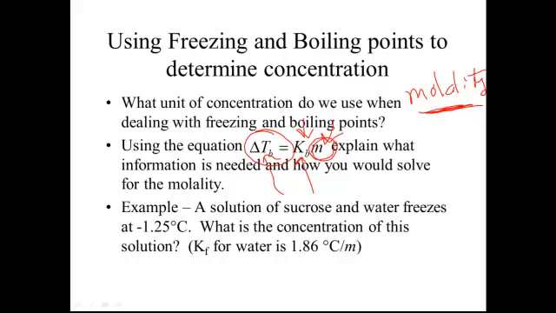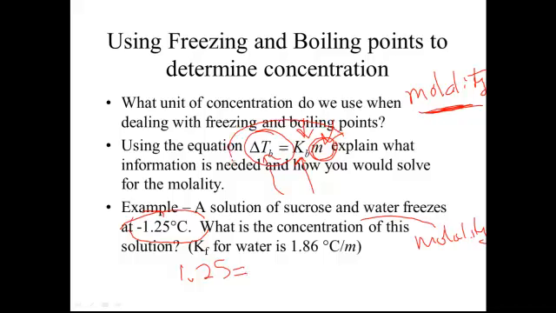So a solution of sucrose and water freezes at negative 1.25. What is the concentration? And again, when they say concentration, they mean the molality of this solution. So we know the change in the freezing point is 1.25. So 1.25 is our delta TF.